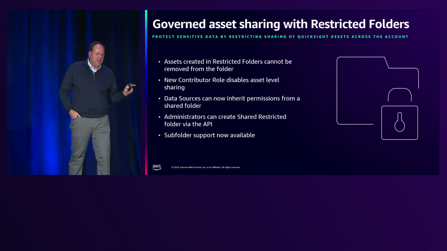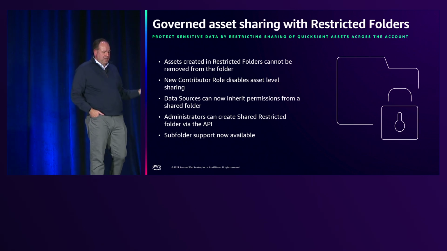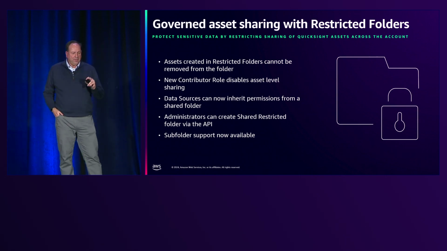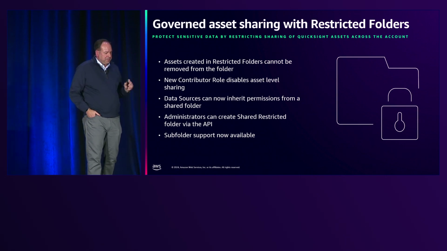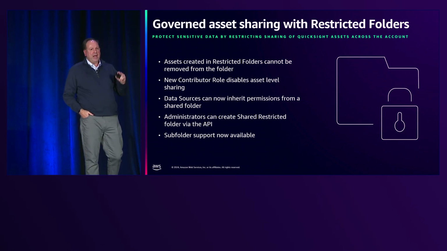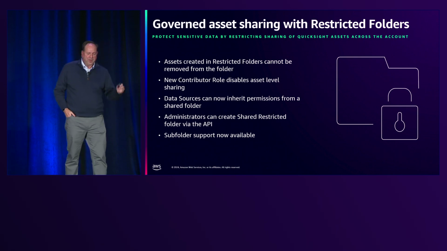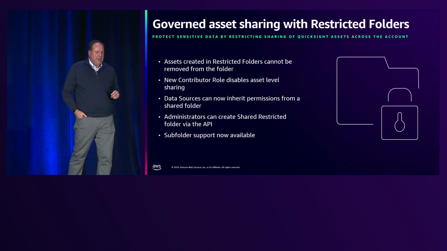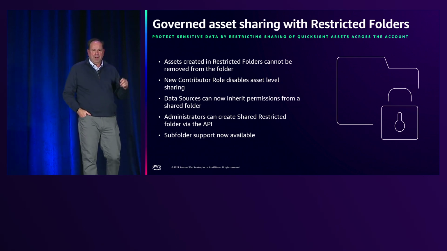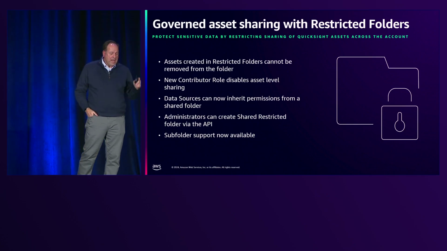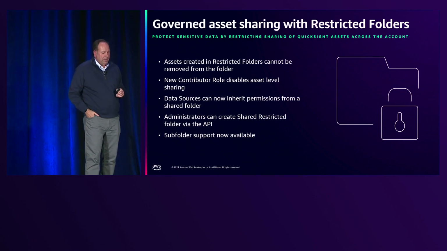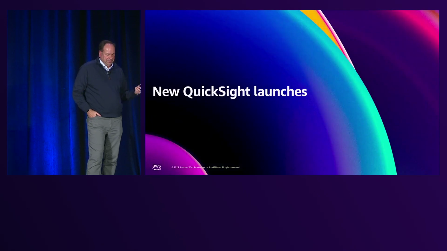One, you create these via an API, and the main benefit of creating shared restricted folders is that no content leaves the folder boundary. This is a place where you can put users and content, and you know that content will always stay in that folder. And we now have support for subfolders for restricted folders.